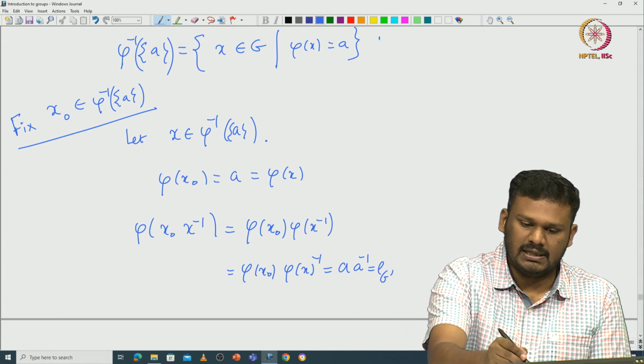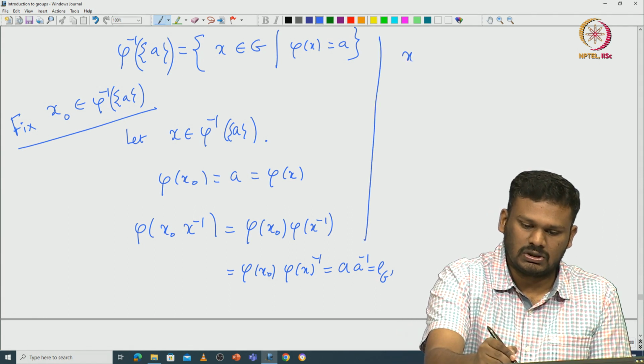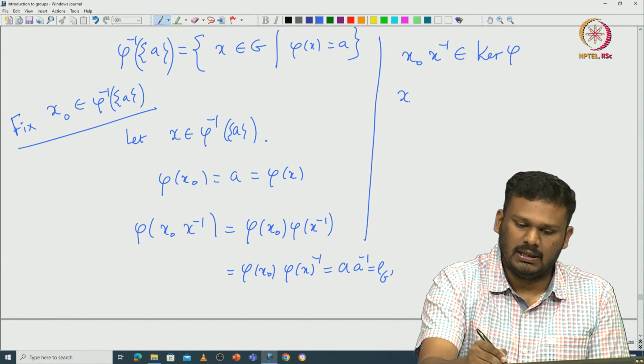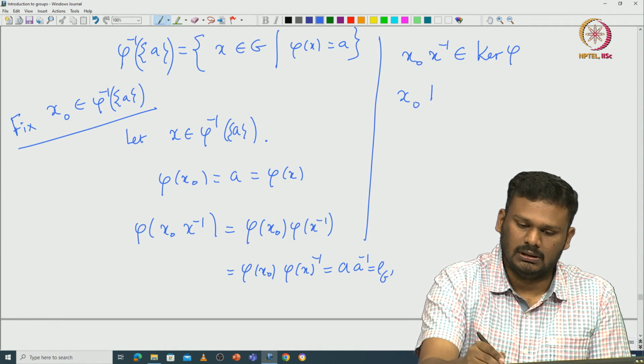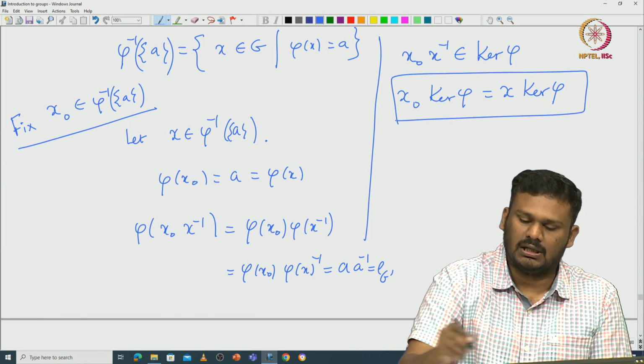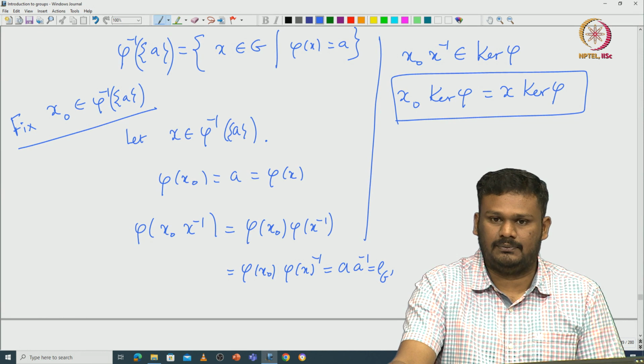So that tells you that x naught x inverse is indeed in the kernel of phi. That means x naught kernel phi is the same as x kernel phi. The cosets corresponding to these two are the same.